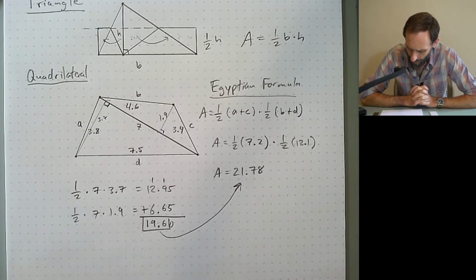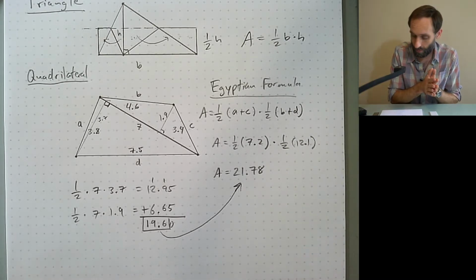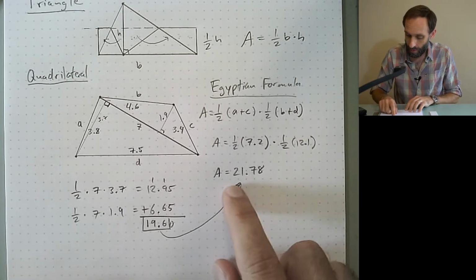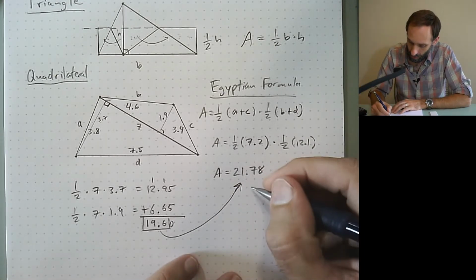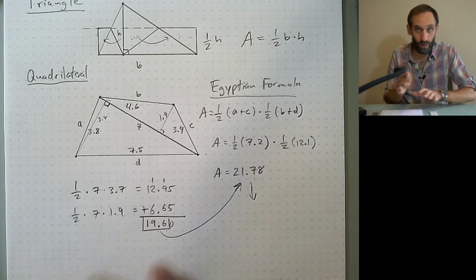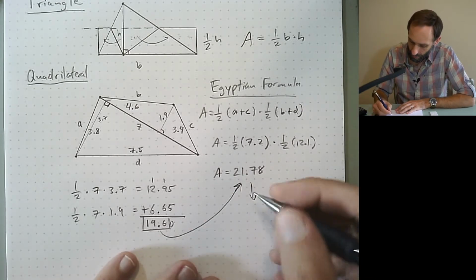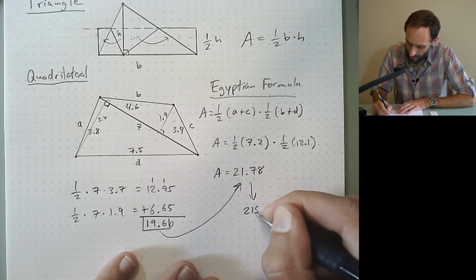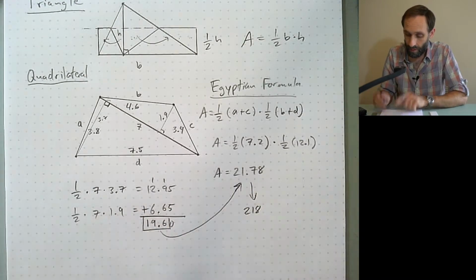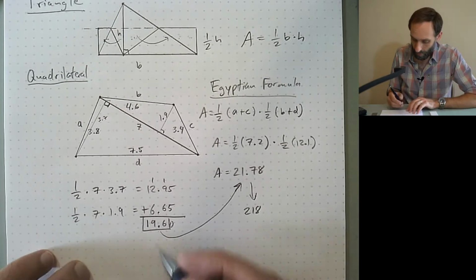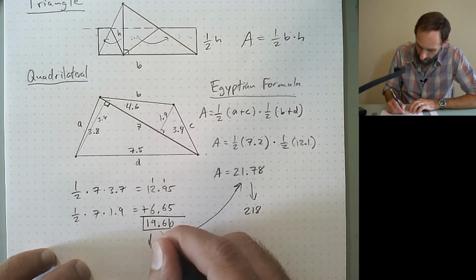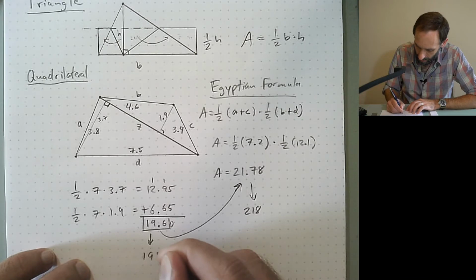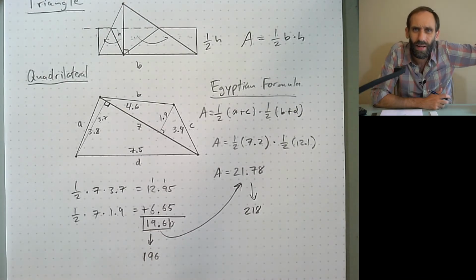Well, you might say, wait a second, or maybe I should say 10 silver coins, because that'll come out better. So if it's 10 silver coins per square unit of land, that would mean 218 silver coins if this was the area of your land. But if this was the area of your land, we'll multiply that by 10, and it's 196 silver coins. Well, hang on a second.